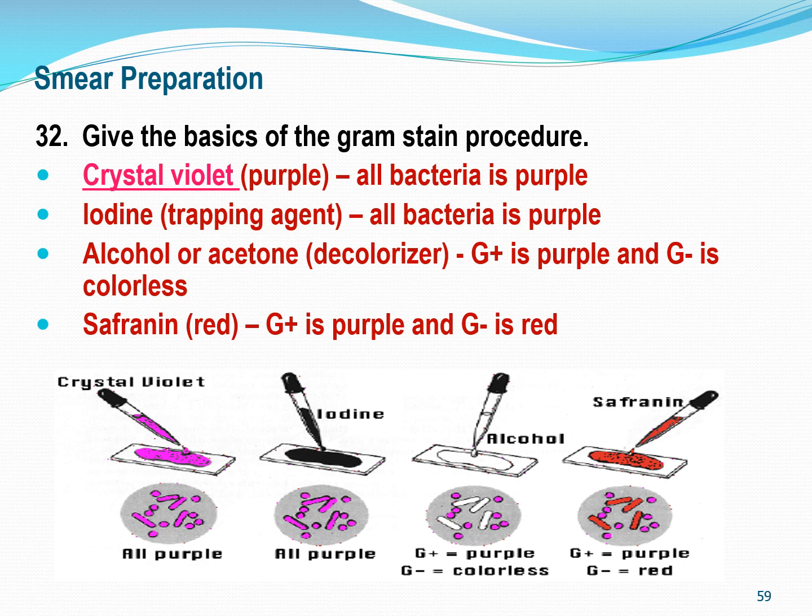Where, like I said, the crystal violet is placed on there, and it just makes all the bacteria purple, right? I want to make sure y'all understand this. And then we put the iodine, and you see the little pictures down here at the bottom, and that's the trapping agent, and then all bacteria is still purple, right? Then on that same slide, we wash it with alcohol or acetone, and that's what we refer to as a decolorizer, right?